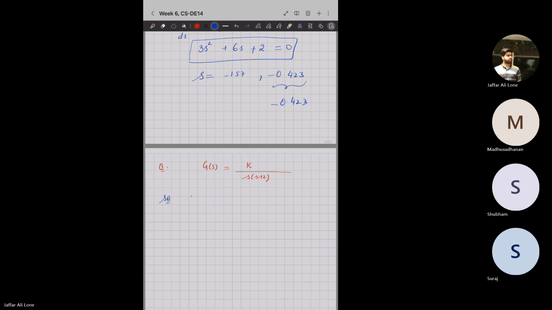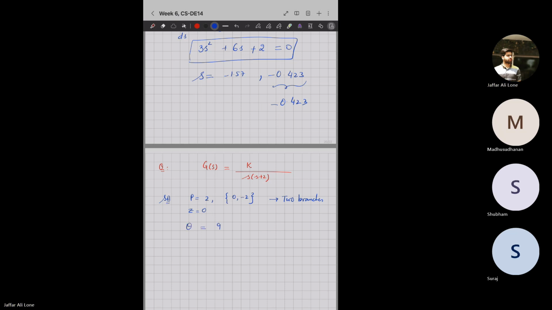Solution. P is 0 and minus 2. These are the poles. So the branches will be 2. It means 2 branches. Z is 0. It means both these branches will terminate at infinity via asymptotes. And what will be the angle of those asymptotes?